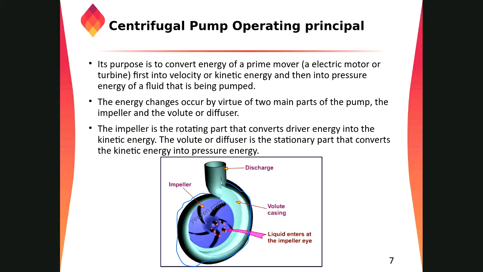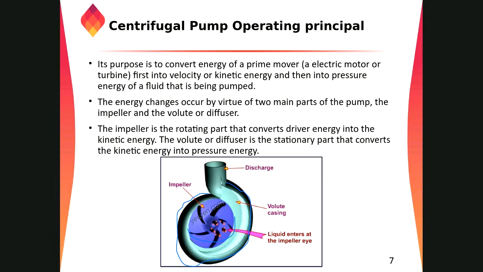Now, what is the impeller? The impeller is a rotating part. We can see here inside we have an impeller. This is a rotating part that converts driver energy into kinetic energy. Driver means we are getting energy from the electrical motor or the diesel engine, connected via shaft to the pump.